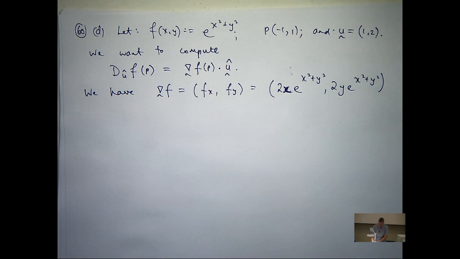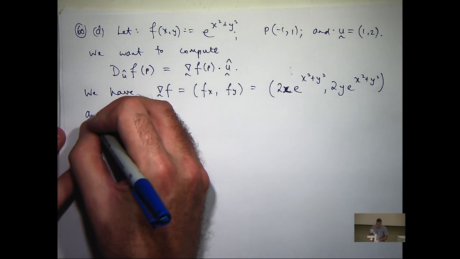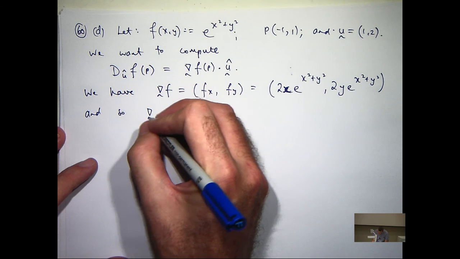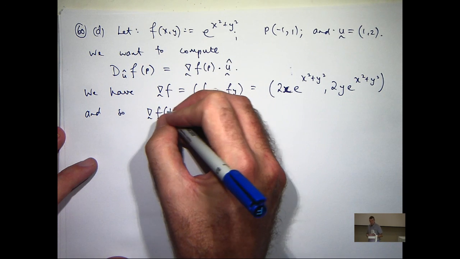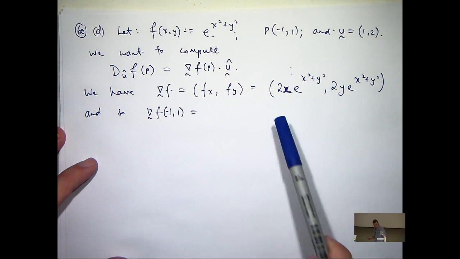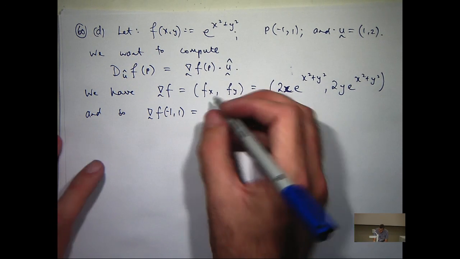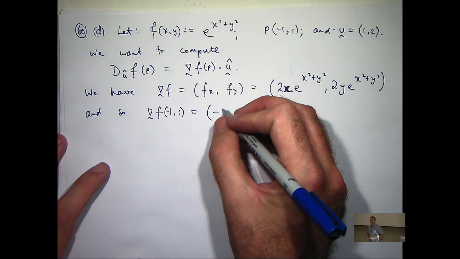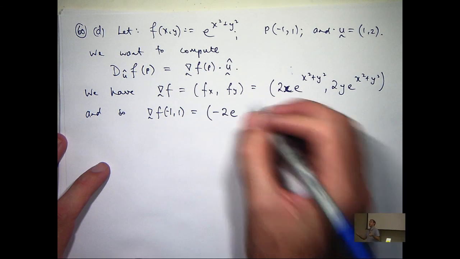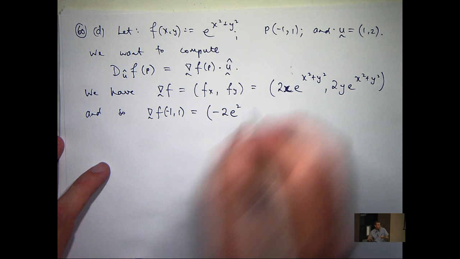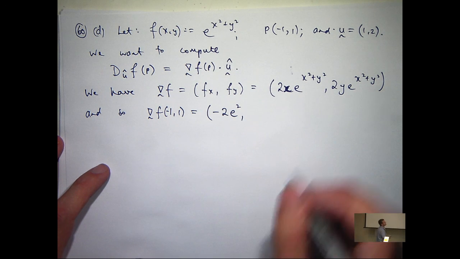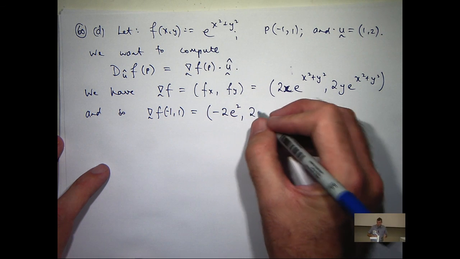Evaluated at the point, yes? Minus 1, 1. So the first is going to be something like minus 2e to the 2. And the second component, what's that going to be? 2e to the 2.